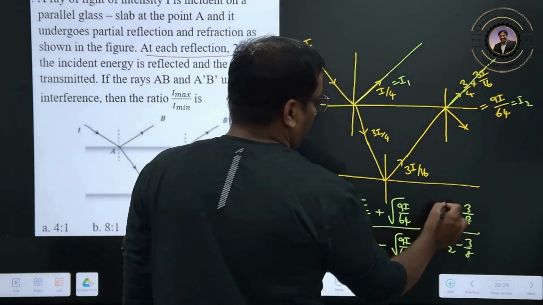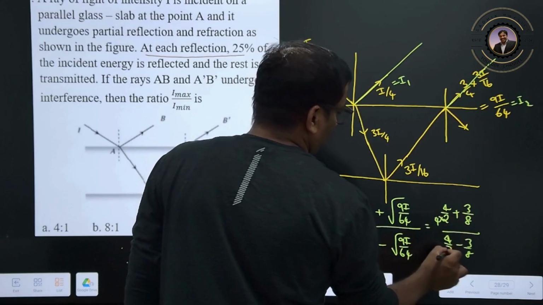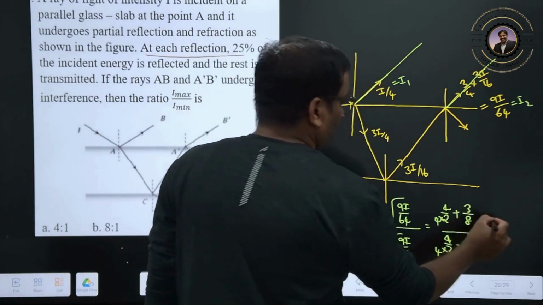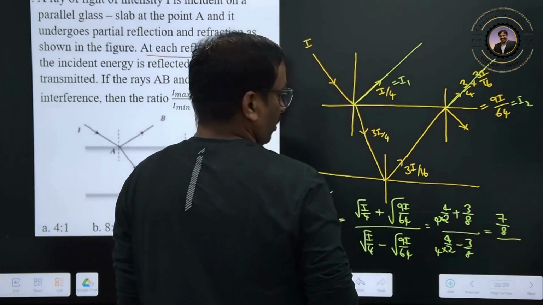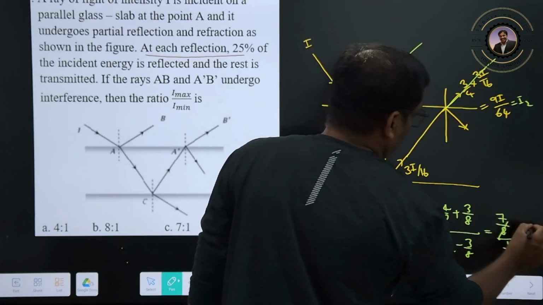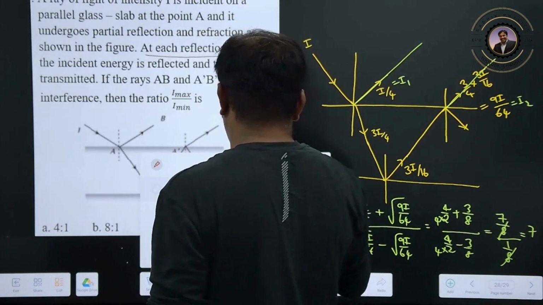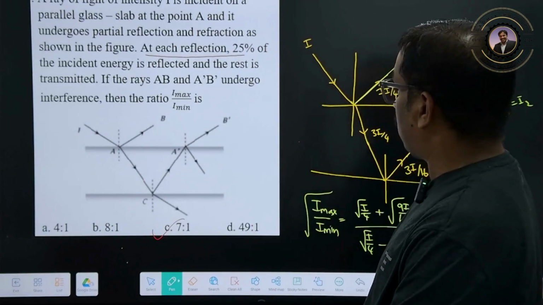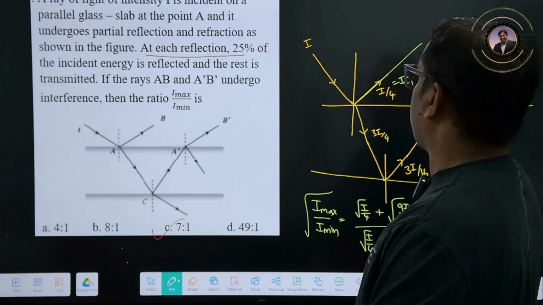I can multiply by 8, so it will be 4 plus 3, which is 7 by 8, divided by 4 minus 3, which is 1 by 8. This will get cancelled out. 7 will be your answer, 7 is to 1. Clear?